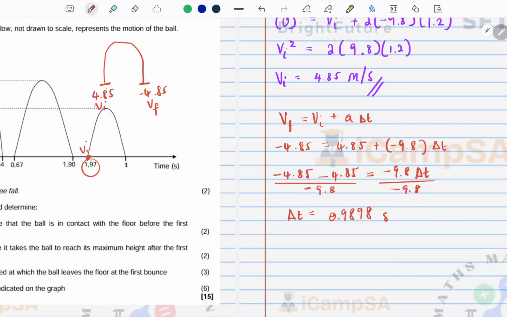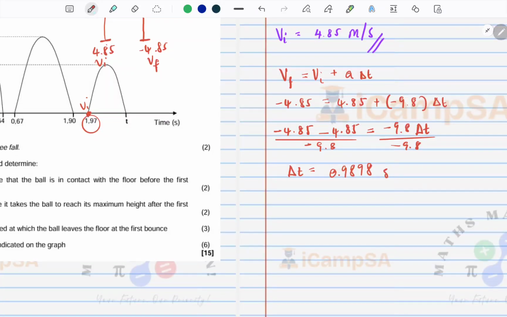So this is telling you that here we're talking about just a difference, the time it took to move from this point to this point here. So what you then have to do is say your final time, your t, is going to be your 1.97 plus 0.9898, and then you have your answer here.